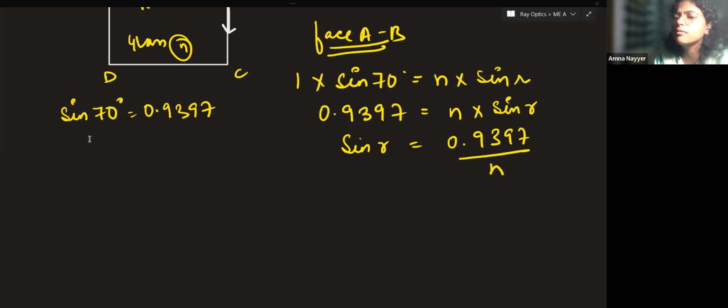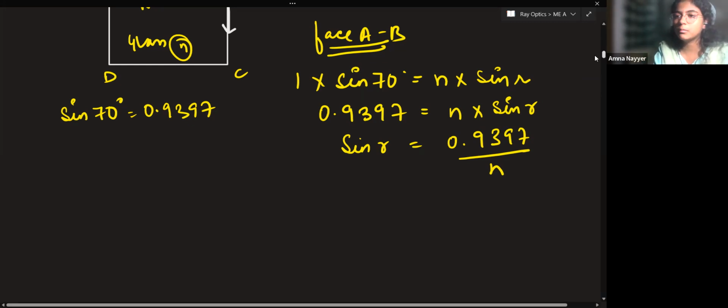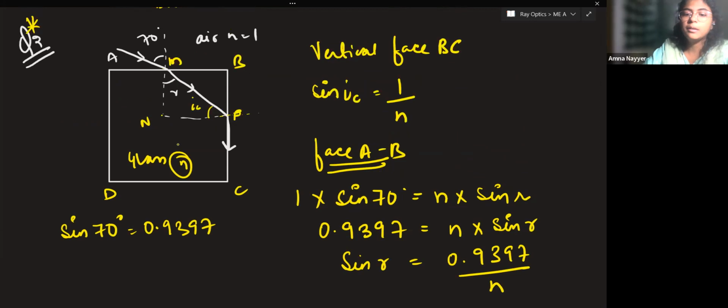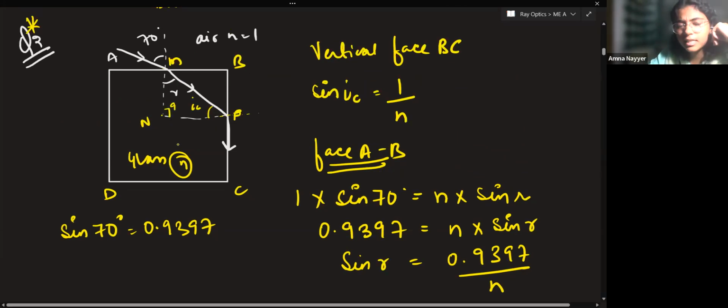Otherwise, we could have simply written 1 by n is sin i_c. Fine. So sin r I have written. Now coming to what Priyadarshini you were saying, in that triangle M and P, from here r plus this angle is 90 degrees.